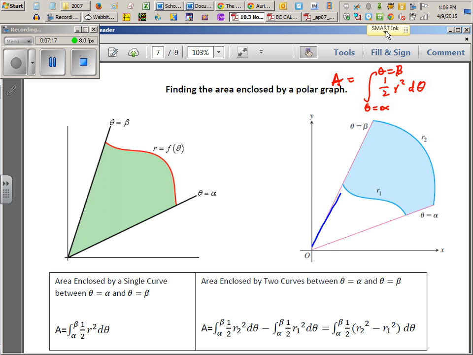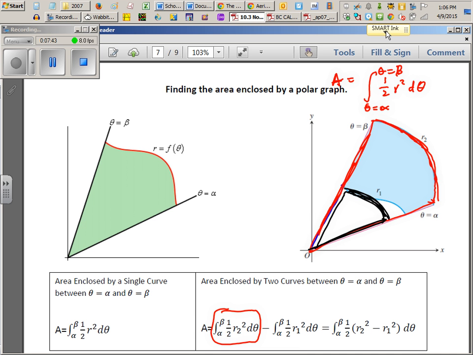So we have this blue wedge. Let's do the red. Larger one's red. Large red sector. We're going to pretend this is a sector. And that thing has area 1/2 r squared d theta, and if you integrate it, you get the whole thing. And then there's a smaller one inside it. We'll just treat this as its own sector.